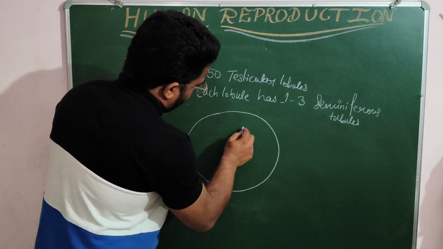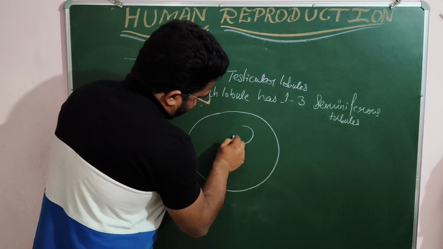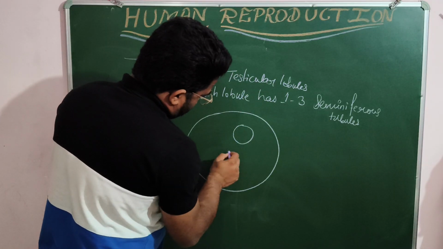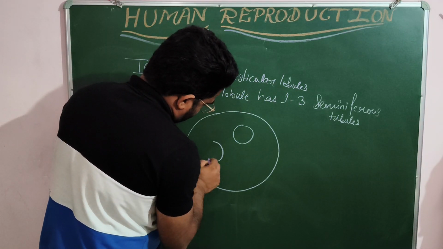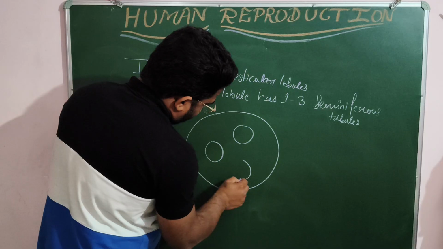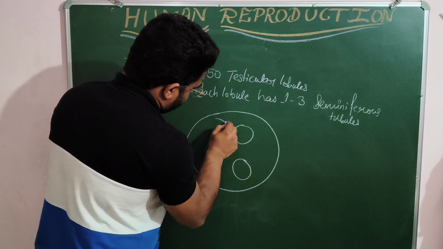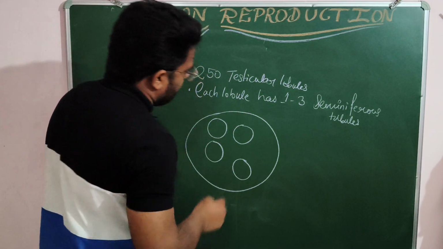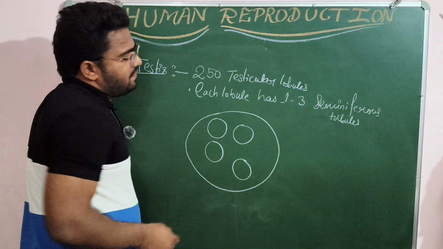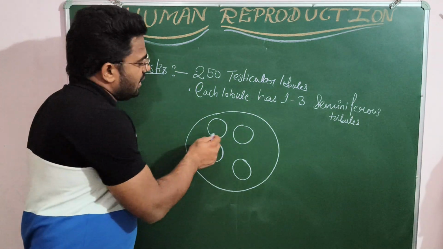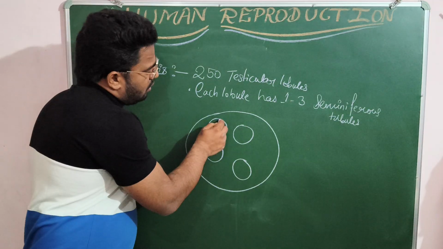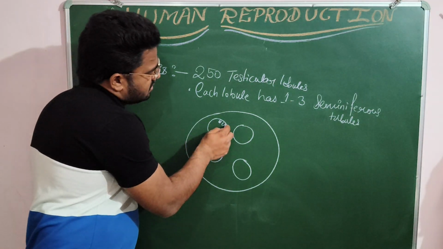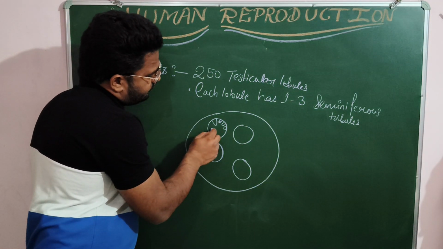Here the seminiferous tubules are arranged, and inside the lumen of the seminiferous tubule we are seeing various types of cells.